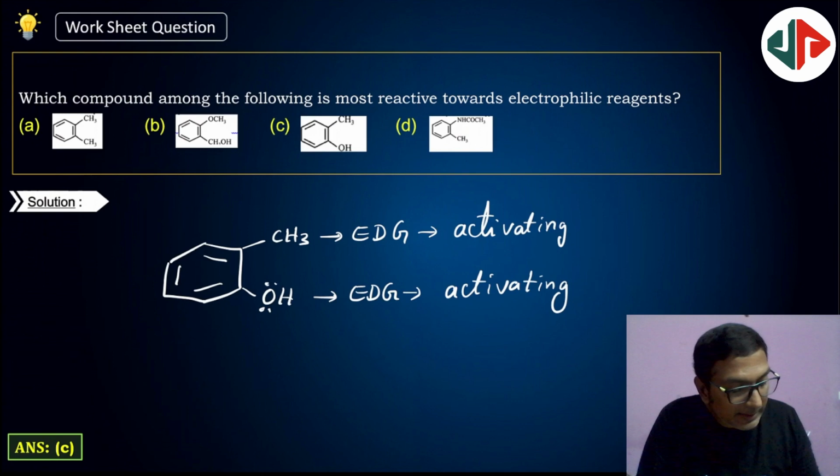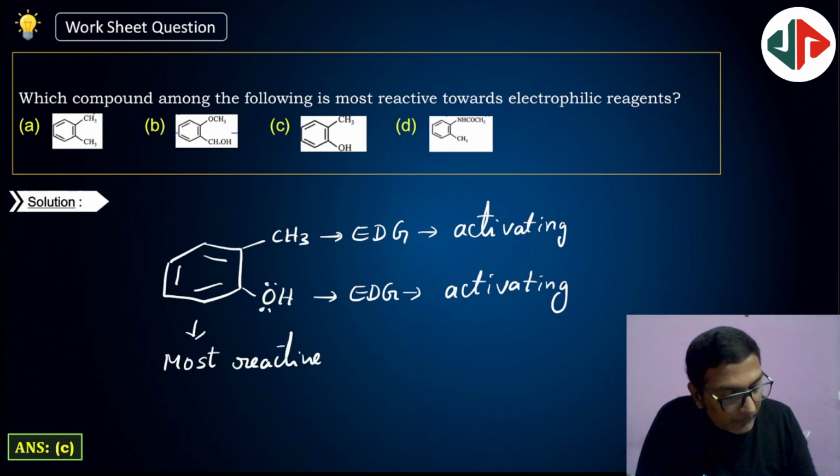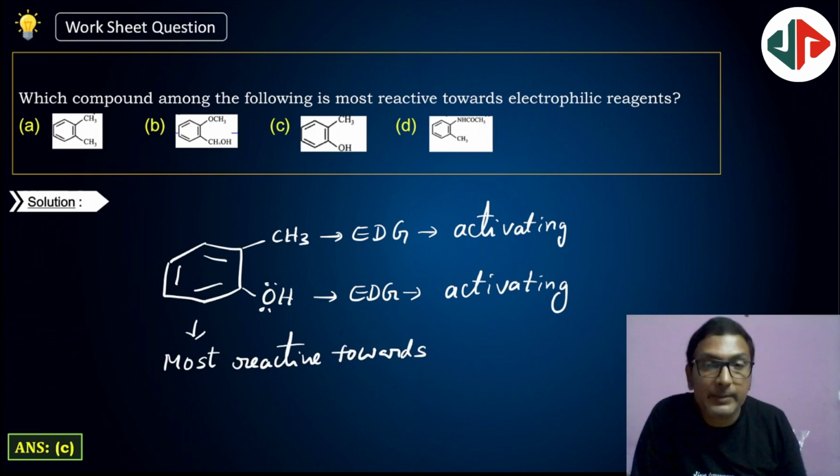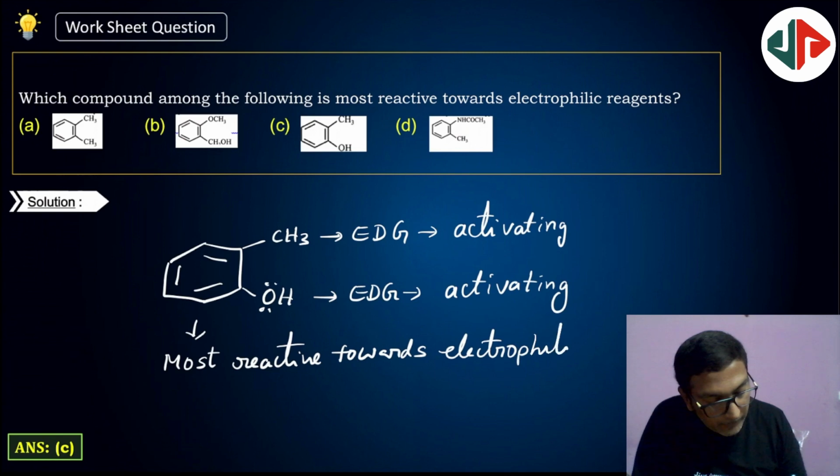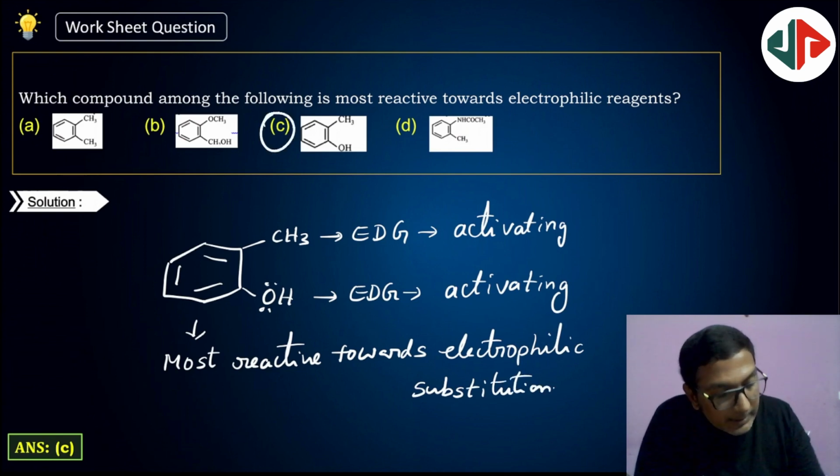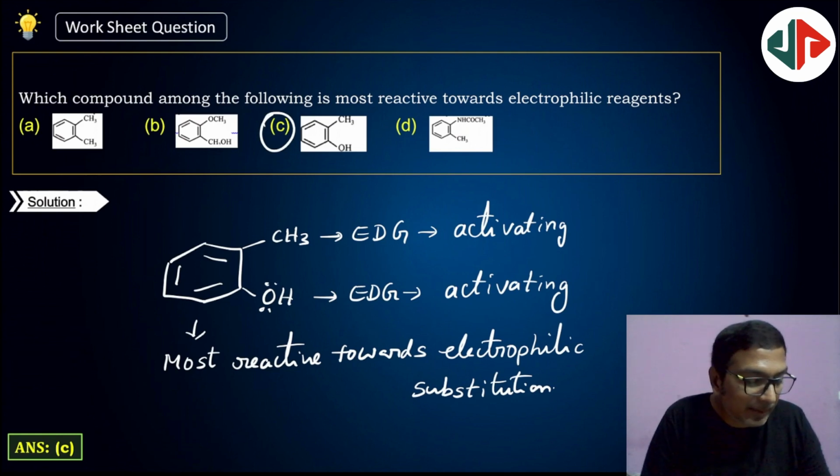Therefore this compound is most reactive towards electrophilic substitution. Option C. The first compound also has 2 electron donating groups, but compared to CH3, OH is more donating.